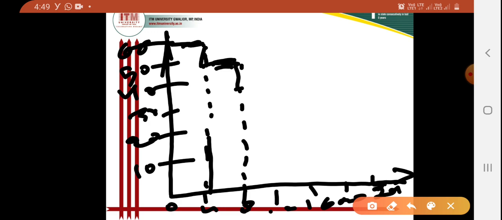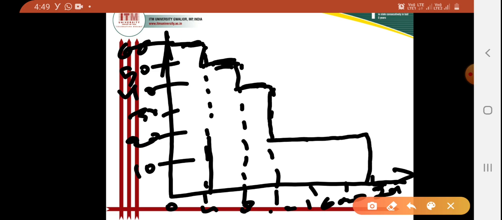Then the next highest load is 20 megawatt, which is for 12 hours. So this is our load duration curve.